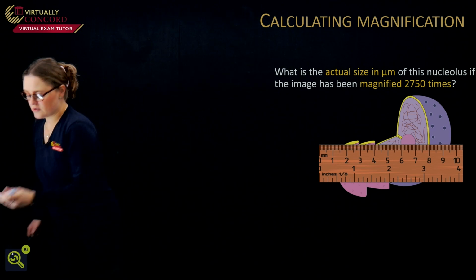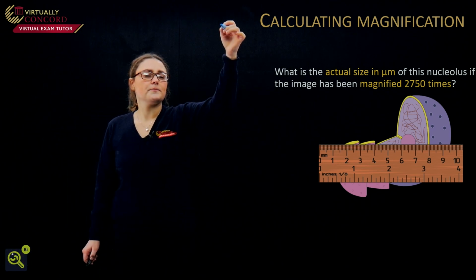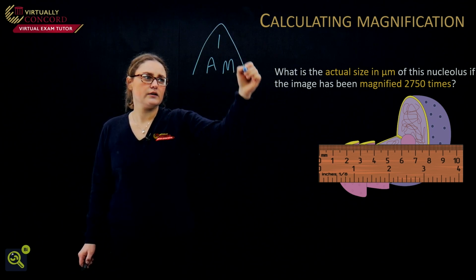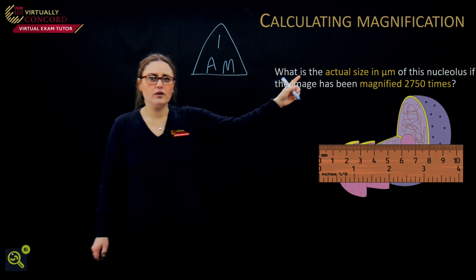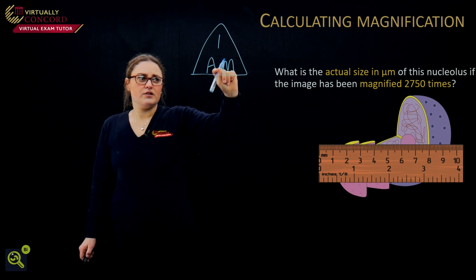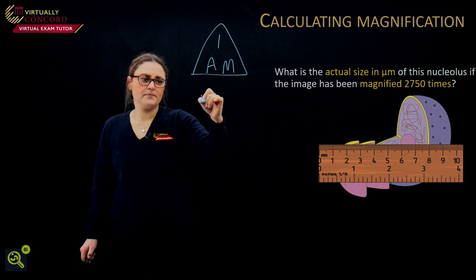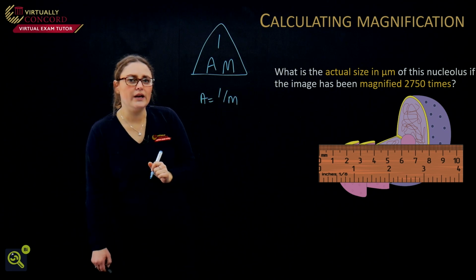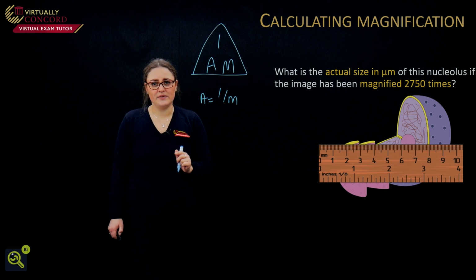Let's do our triangle so that we can work out what our equation is going to be. We're looking for actual size, that means we're looking for A, which is image divided by magnification.